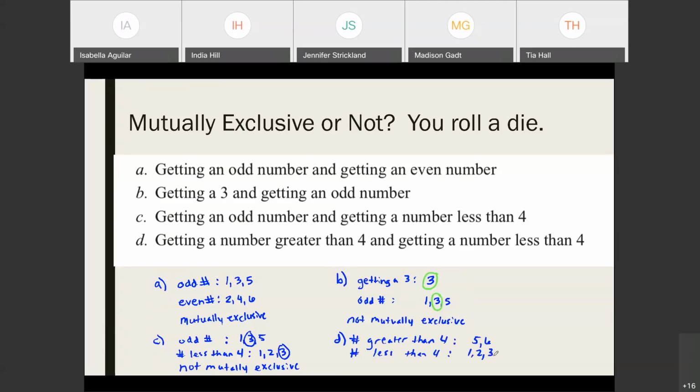All right, so are those mutually exclusive? Those are, right? Because there's nothing in common between the two groups. 5 and 6, 1, 2, and 3, there's no overlap between those two groups.